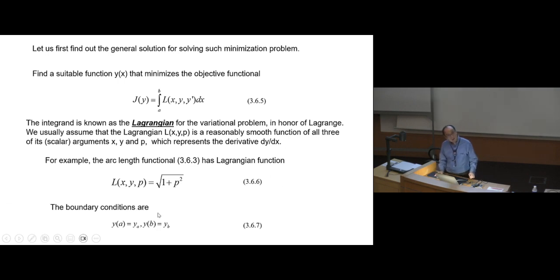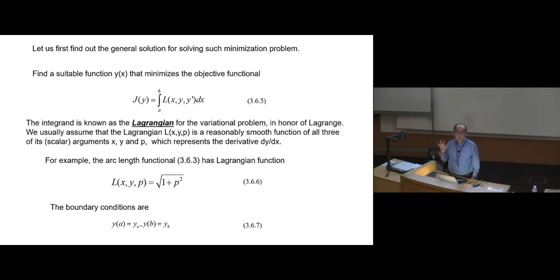Then the boundary conditions. For this case, there are 2 boundary conditions: one at the initial value and the other at the destination. Because the integral is from a to b, at a the value y of a is given, and at b the value is fixed at y b.